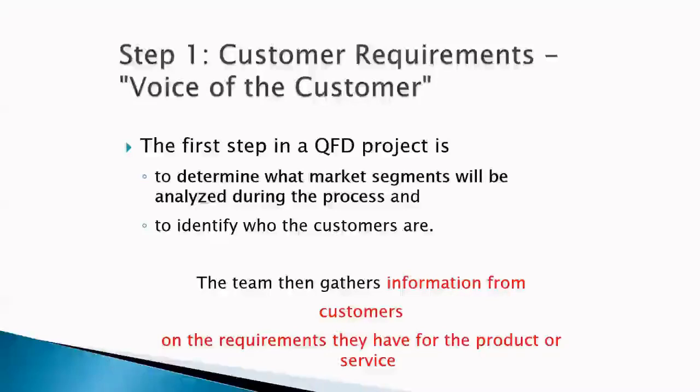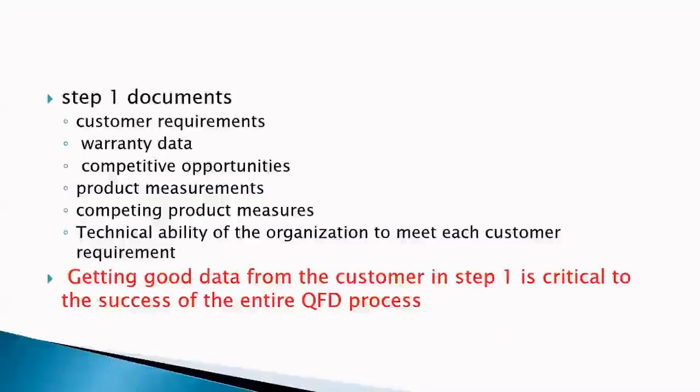Here, first of all, we are going to collect the data and analyze it to recognize what the customer really wants. For that, we can use different things. Customer requirements, sometimes they directly write to us. Warranty data, with which we can recognize the level of failures of the product.